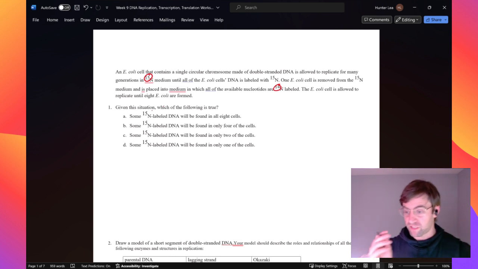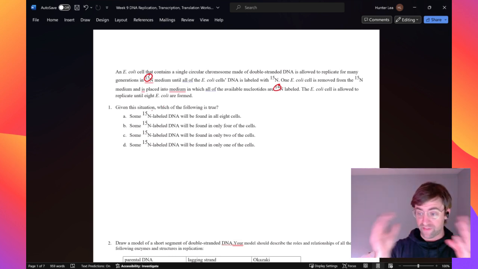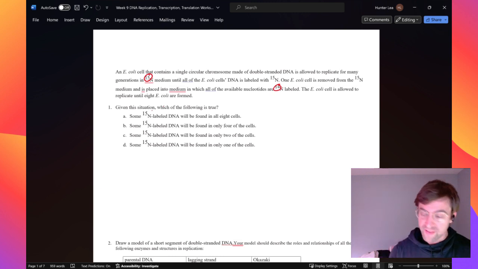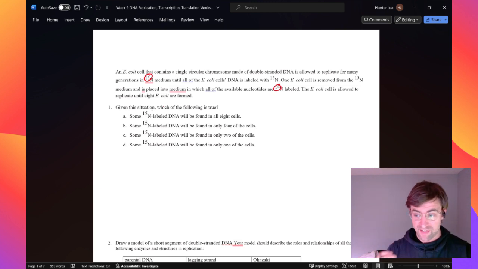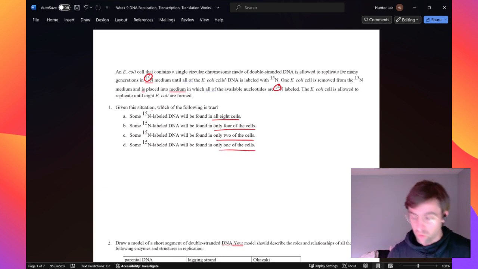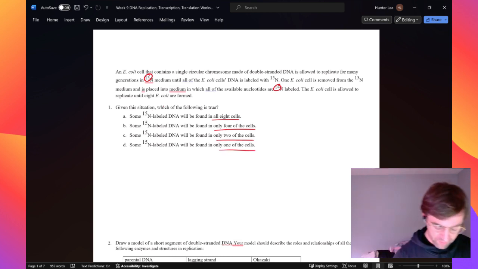So if we distill this question down, there's a lot of details here, but if we get to the core of it, is parent DNA marked with nitrogen-15 going to appear in all of the cells, half of them, only 2 of them, or only 1 of them? So let's look at generation 1.